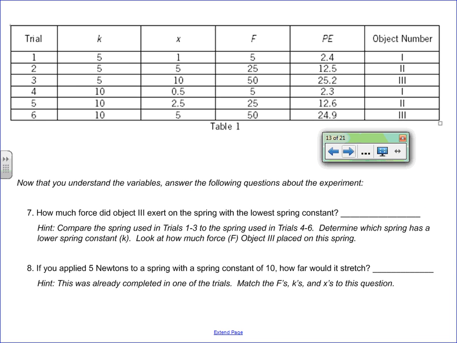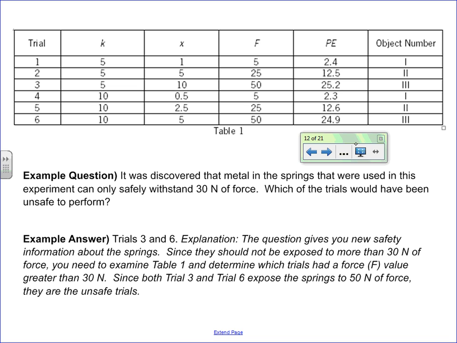All right, if we take a look at the example question, it says it was discovered that the metal in the springs that were used in this experiment can only safely withstand 30 newtons of force. Which of the trials would have been unsafe to perform? All right, what are we looking for? We're looking for the trials that are what?